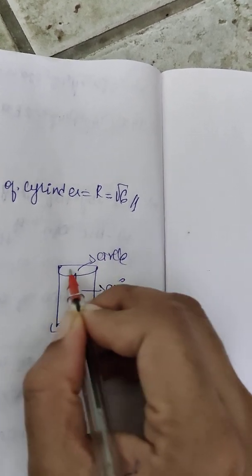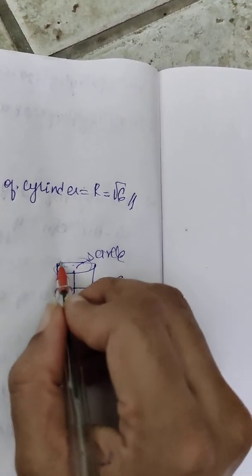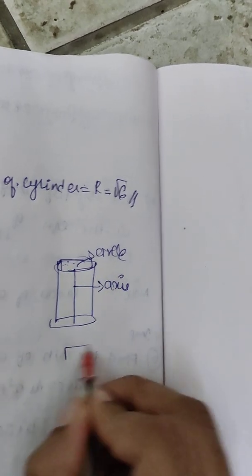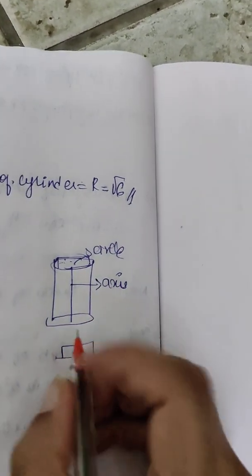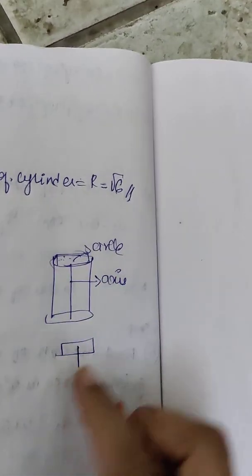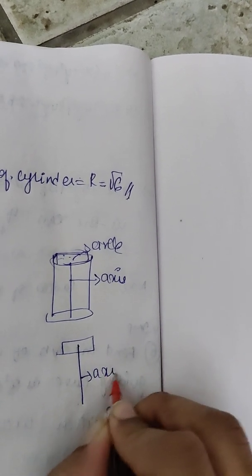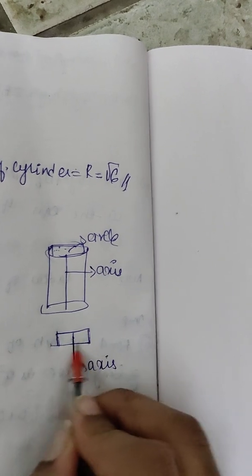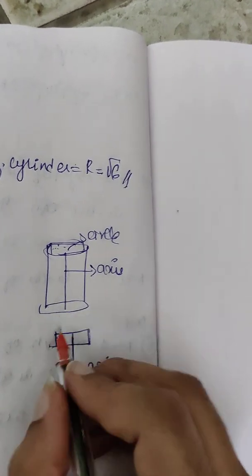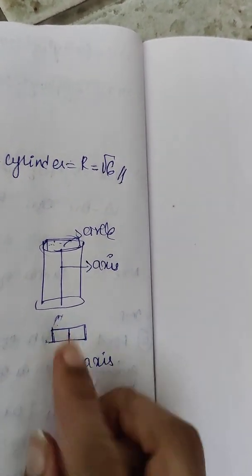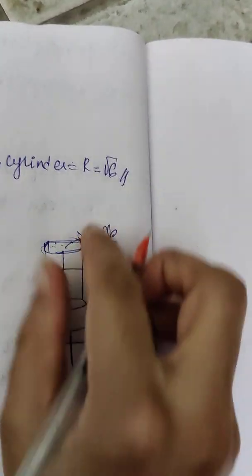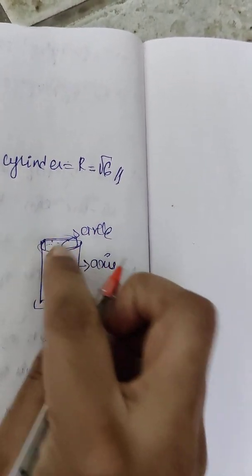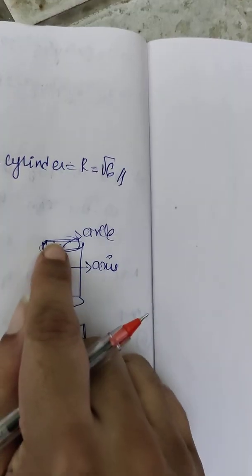So in this base I have the sphere also, and the plane also. Let me take out this plane, and this axis I'm taking it outside. If I observe this, this axis is nothing but the normal to the plane. Because it's a circle, a circle in 3D will contain the plane and the sphere.